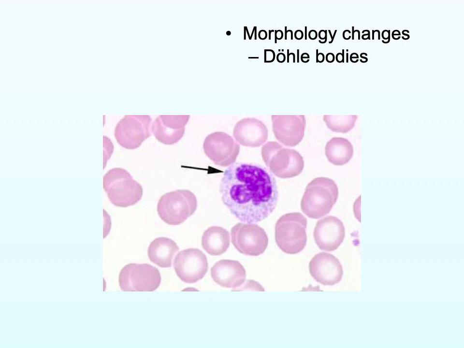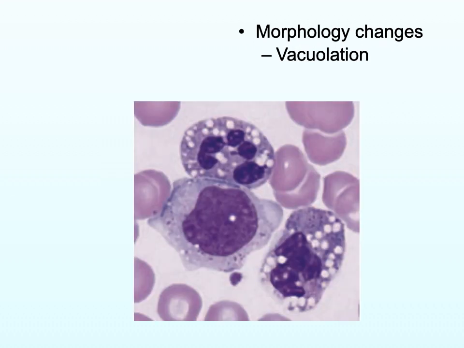They are thought to be remnants of rough endoplasmic reticulum. Toxic vacuolation is the formation of vacuoles in the cytoplasm of neutrophils in response to severe infections or inflammatory conditions.